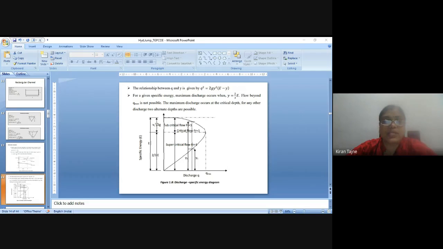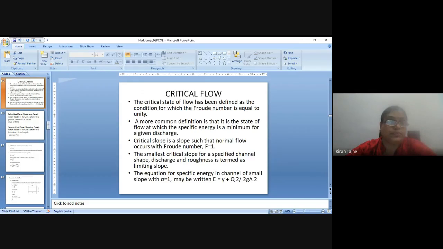Now we'll see what critical flow is. The critical state of flow is defined as the condition for which Froude's number is equal to unity.